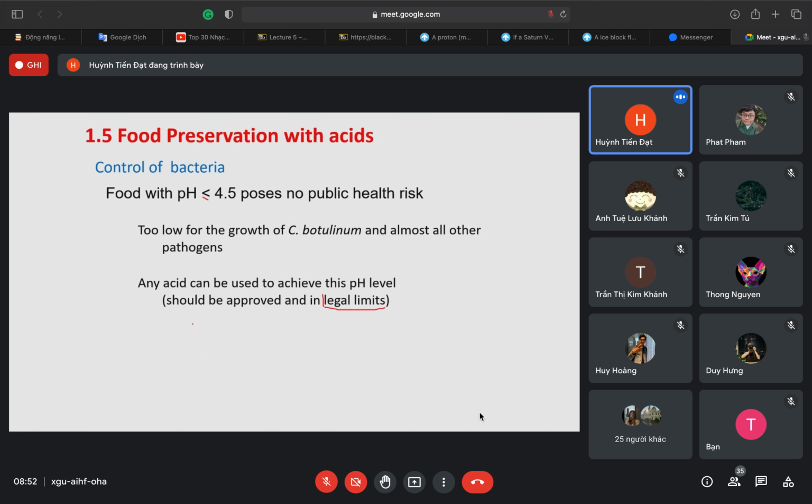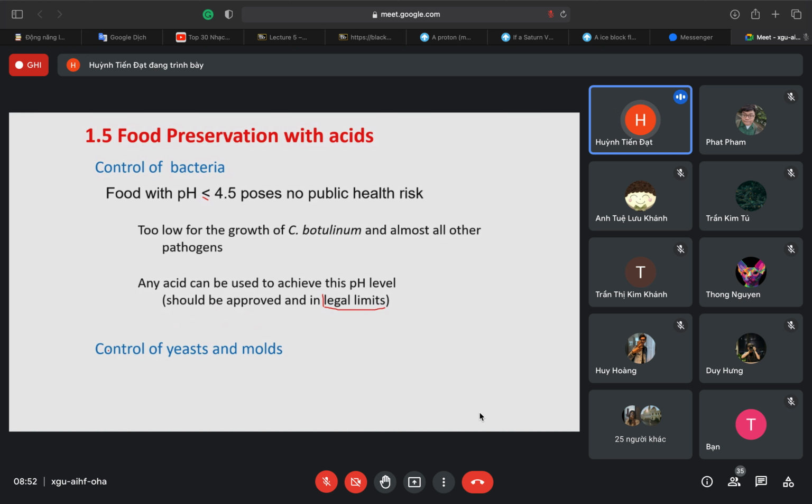They recommend what limit to use in food. In Vietnam we have already renewed the circular of 2019, and we also follow the FAO recommendation regarding food additives. So you can use any of them within the legal limits.